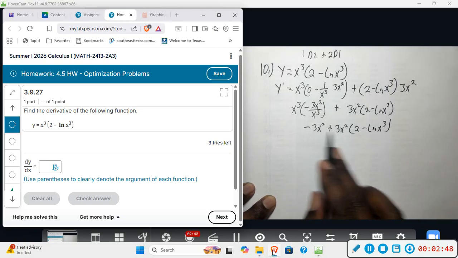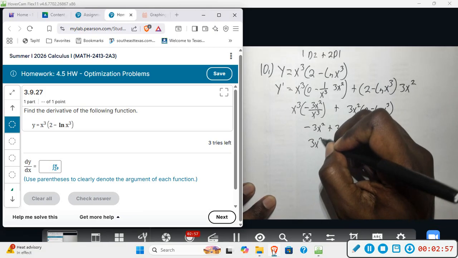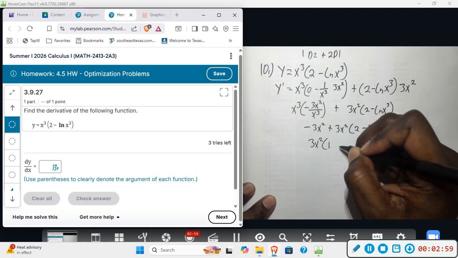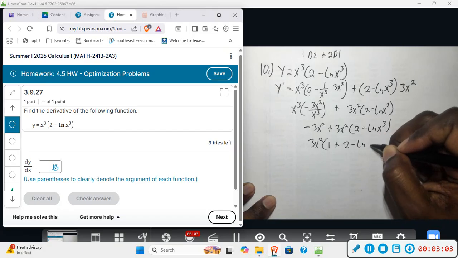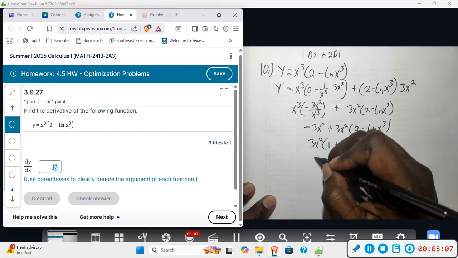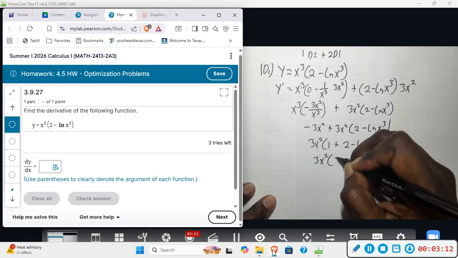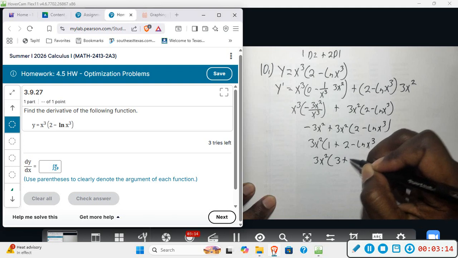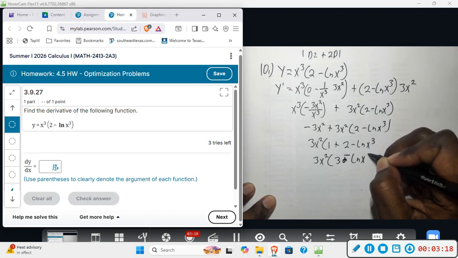And then if we want, we can also factor out the 3x squared. So that will give me 3x squared times 1 plus 2 minus ln x to the third. And 1 plus 2 will give you 3. So final answer will be 3x squared times 3 minus ln of x cubed.